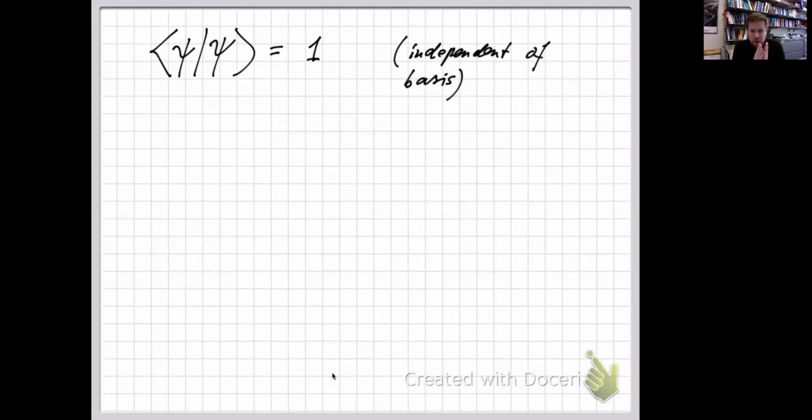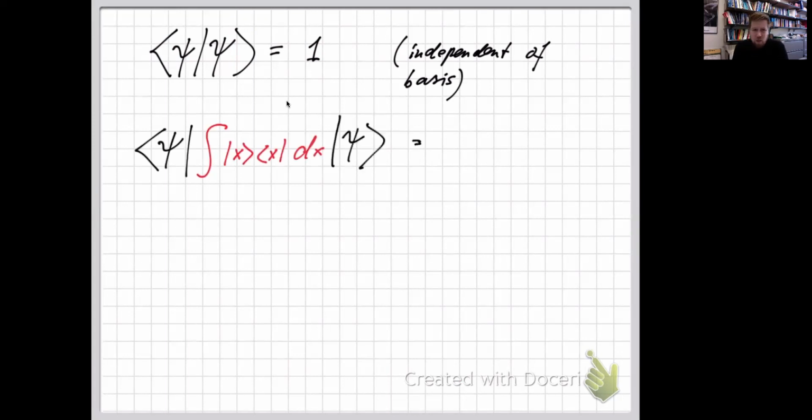If I have the inner product of psi with itself and it's a normalized state, then it has to be 1. This is a statement that's independent of basis. We haven't yet injected any kind of coordinate system or basis into this description, but if we wanted to, I could evaluate this inner product in the position basis, in which case I would have to wedge this red integral into the inner product.